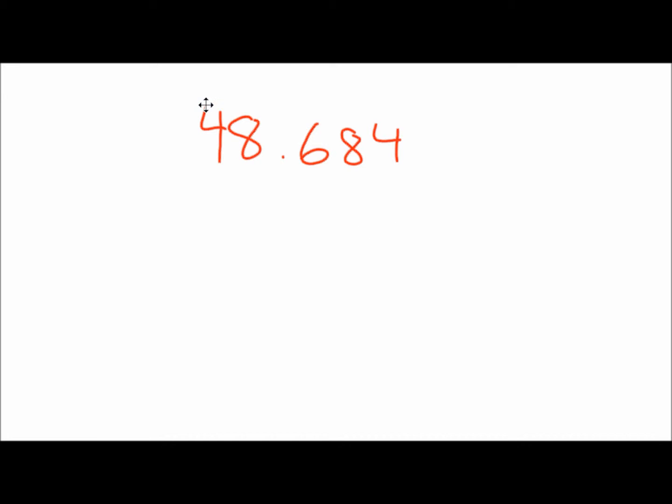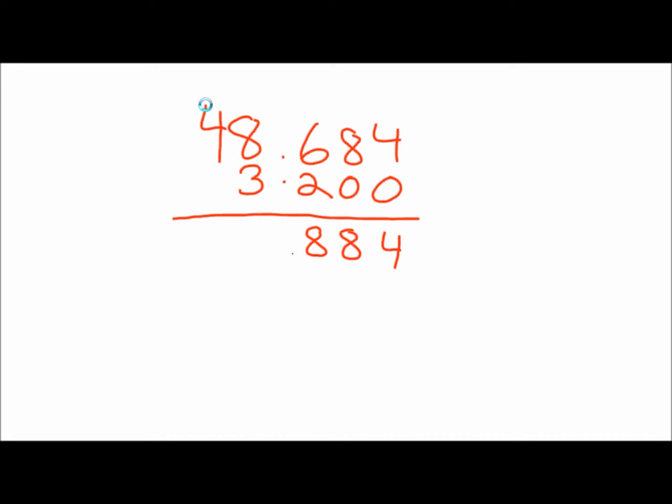So you'd put the point here, and the 3 goes here, and the 2 goes there. I know this is pretty basic, but you might be surprised how many people screw that up. So we'll talk about it a little bit here. So then we go ahead and we just add as usual, and we put the decimal where it falls and do the addition. So that's addition.